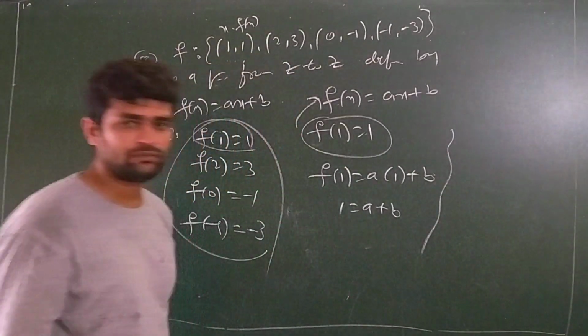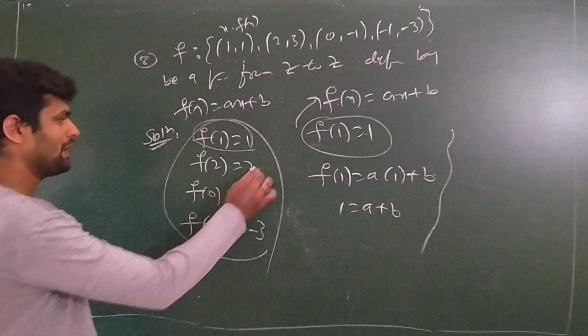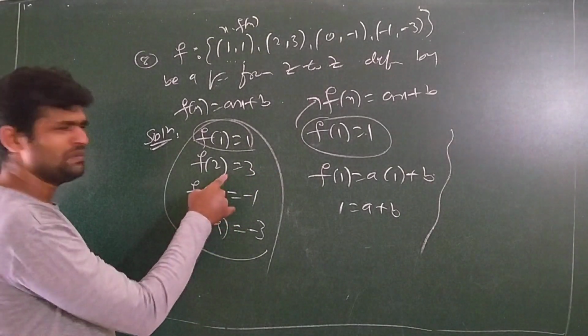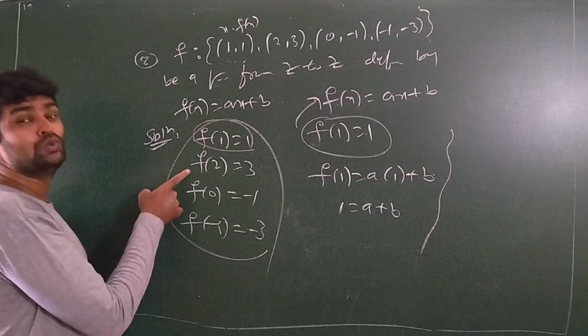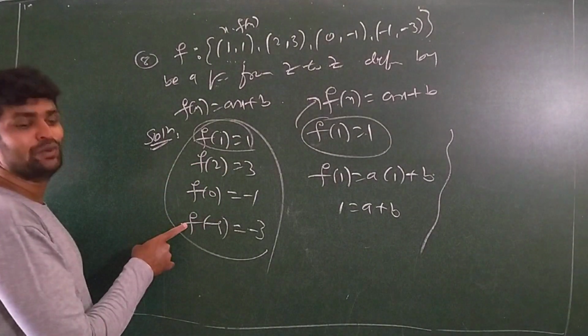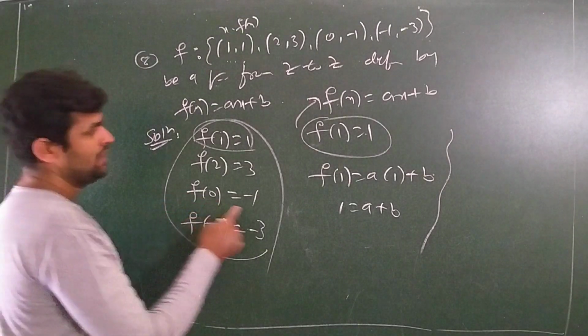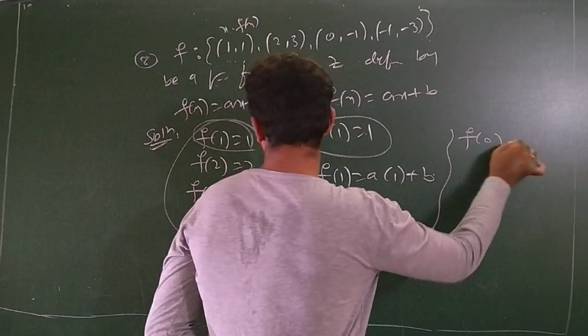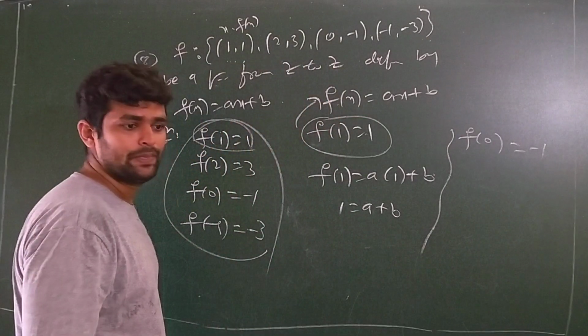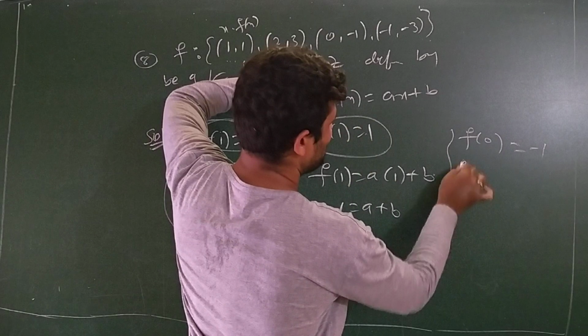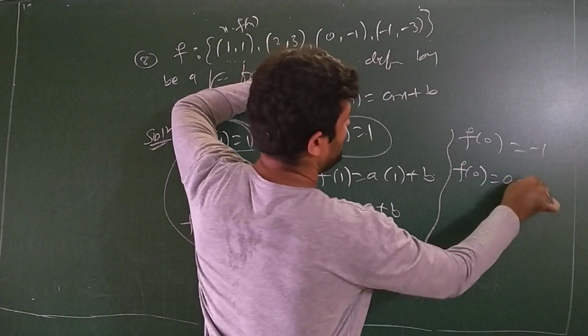You can apply the second condition, but the calculation is tough. If you want me to apply the second and fourth condition, you tell me in the comments. I am going for the third condition, f of 0 is equal to minus 1. I should replace f of 0 here. This is 0 plus b.